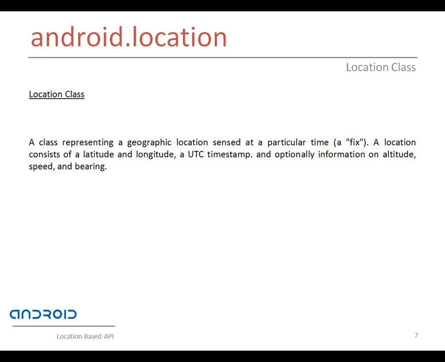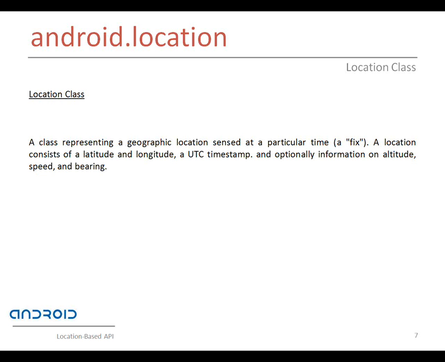We get the instance of the location class from the location manager by calling locationManager.getLastKnownLocation, and within that providing the provider as the parameter.